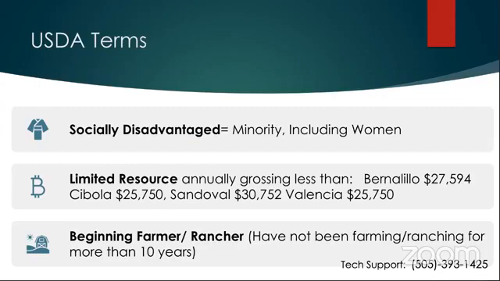So if in the last 2 tax years you have annually grossed less than this number, you would be qualified under limited resource. And the last term is beginning farmer or rancher. All this means is that you have not been farming or ranching for more than 10 years. So let's go to the next slide.